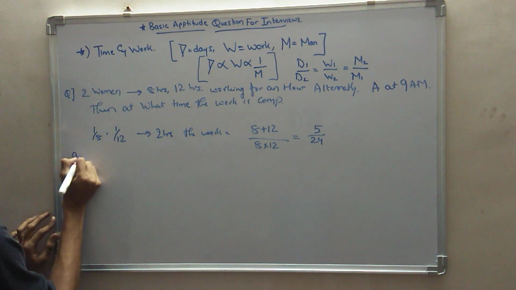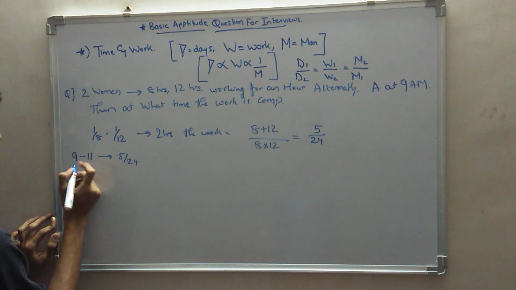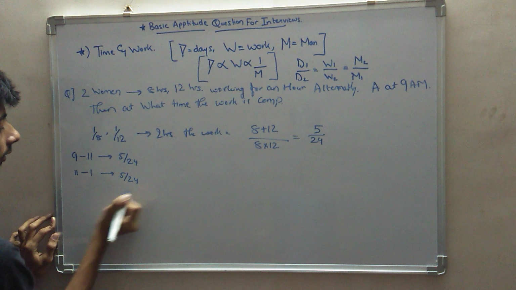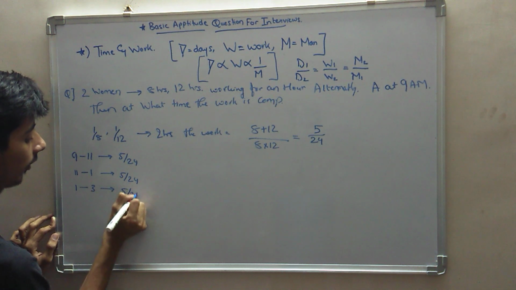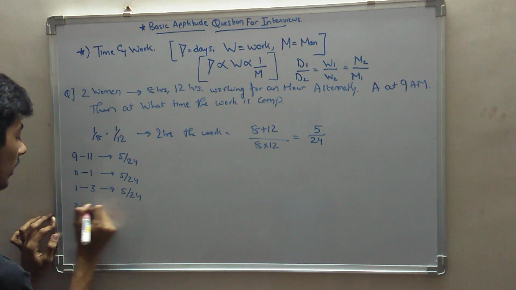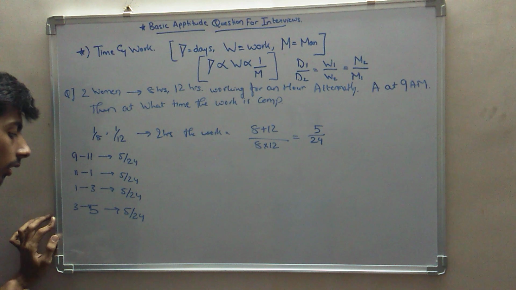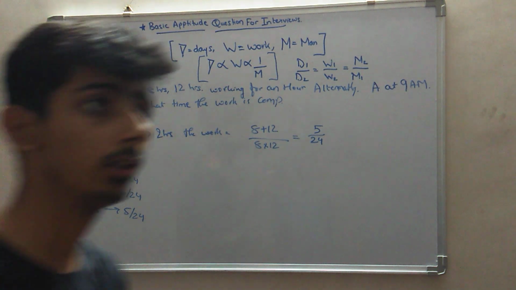So for 9 to 11, 5 by 24. Now 11 to 1, another 5 by 24. From 1 to 3, it is 5 by 24. And from 3 to 5, it's another 5 by 24. Now if we go to 6 or 7, then it's complete. That is another 5 by 24.